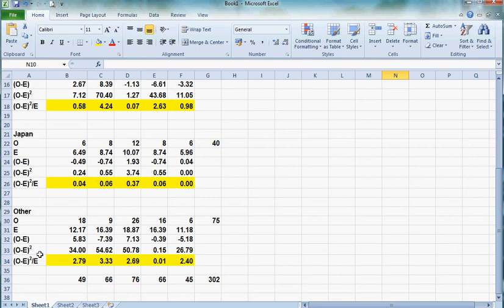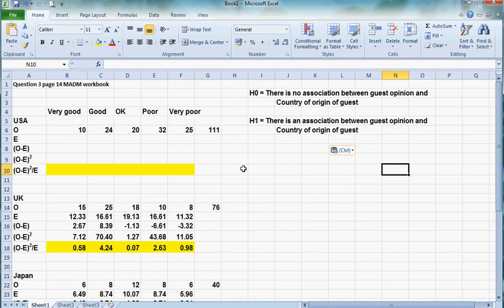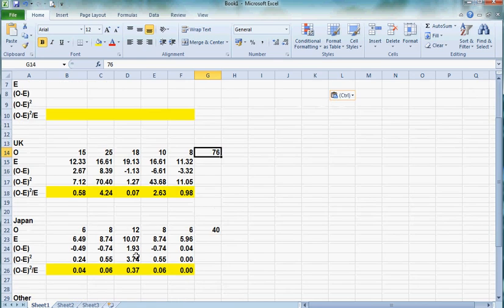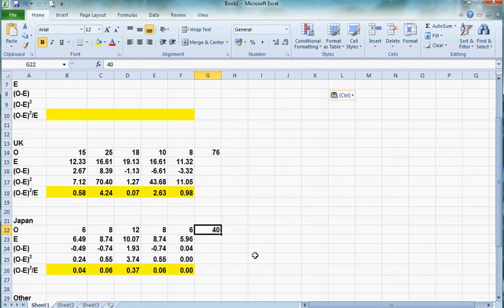Once you've laid those out and filled in your observed values, you need to add up your row and column totals. For the USA, adding 10, 24, 20, 32 and 25 gives 111. The UK is 76, Japan is 40 and other is 75.